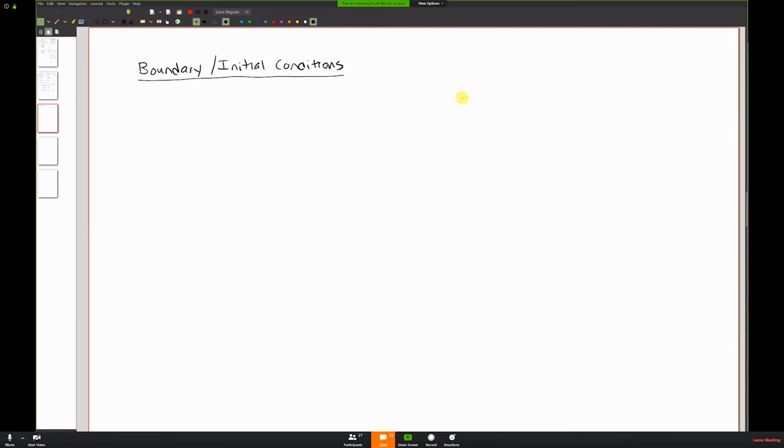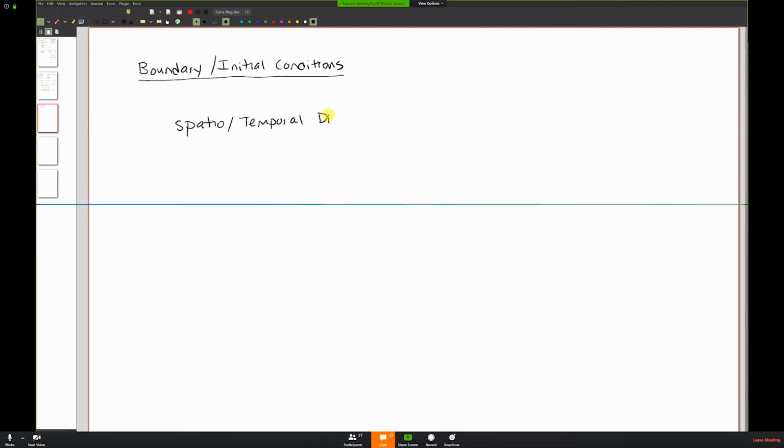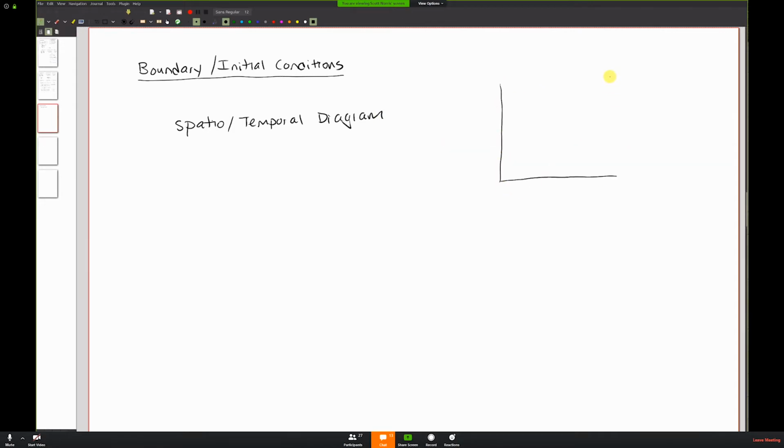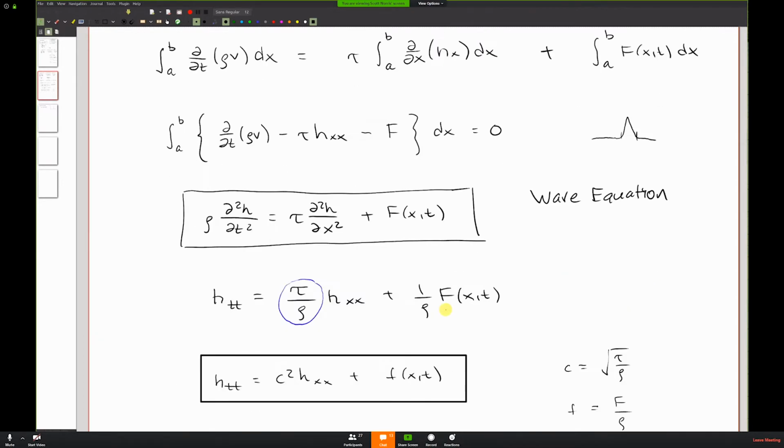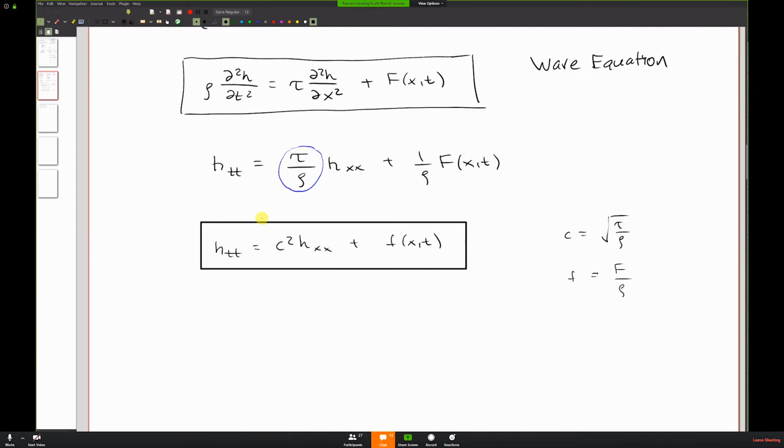Okay, so let's again draw a little spatiotemporal diagram to help us understand the domain of this problem. Again, we have two space derivatives right here, just like always.